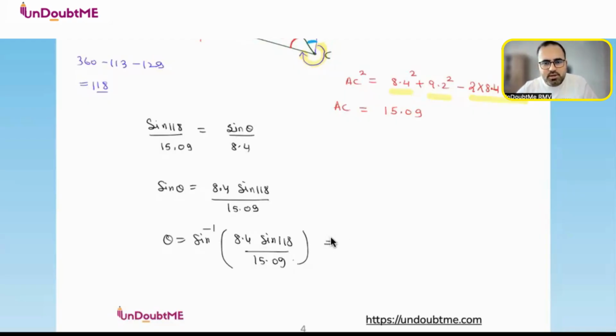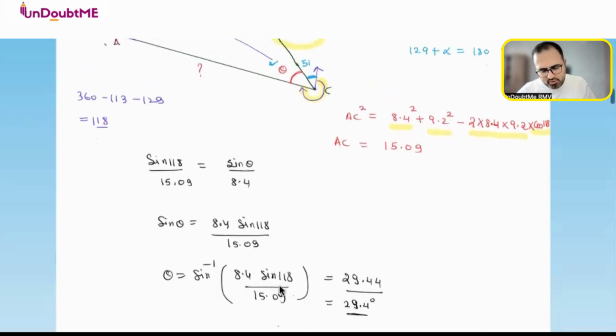So on calculation, this comes out to be 29.44. Generally we write our answer in three significant figures, so you can also leave it as 29.4 degrees. Now we have got 29.4.